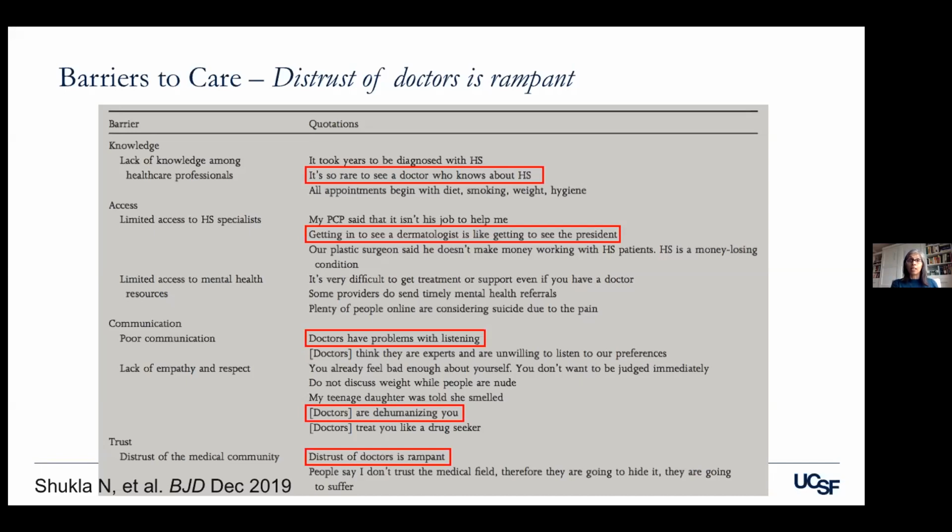This is something we hear again and again, and it makes it challenging to bring patients into modern medical care, and it also makes it really challenging when this is the sentiment that people living with this condition have about the medical and research community. It obviously makes it really challenging to conduct research and improve the care and improve treatments for these patients, because no animal models exist for HS.